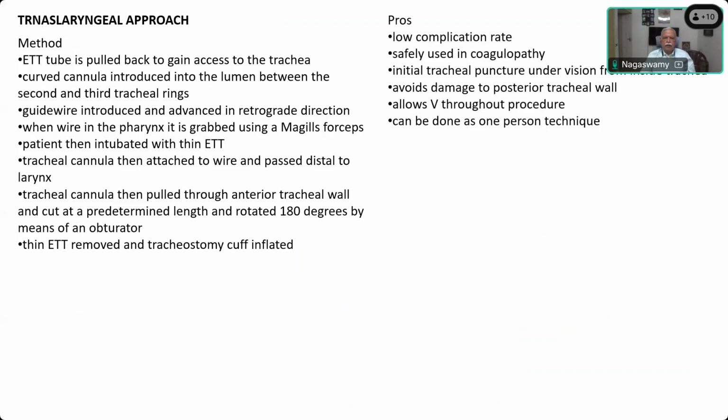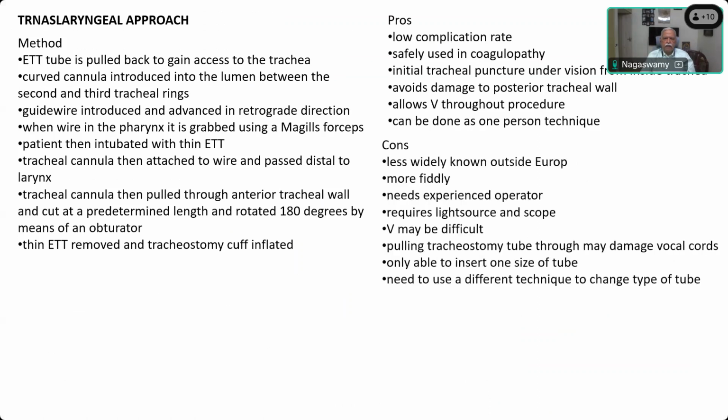This is supposed to have a low complication rate and is safely used in patients with coagulopathy, and the initial tracheal puncture is done under vision, avoids damage to the posterior tracheal wall, allows view throughout the procedure, and can be done as a one-person technique.